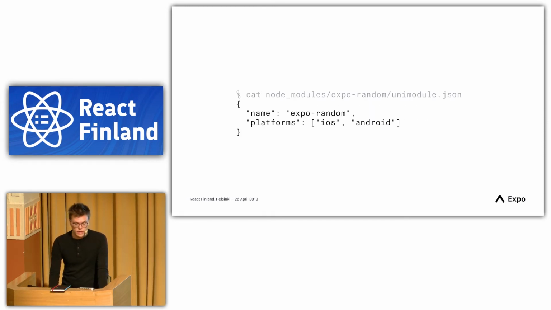And inside the file is just the name of the package and a list of platforms for which native modules need to be included for this package. So there's no web here, because for web there are no native modules. And you can also have Unimodules which are only JavaScript. So in this case, the platforms would be empty.